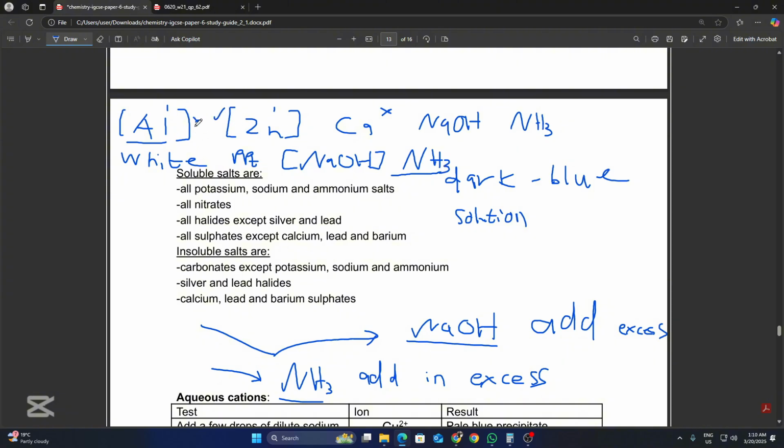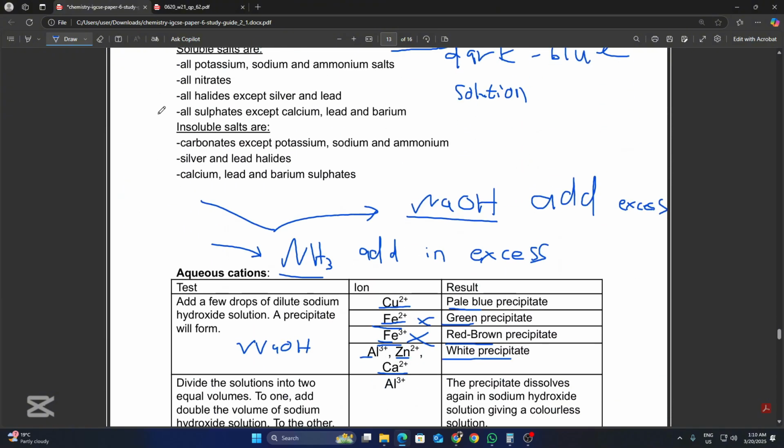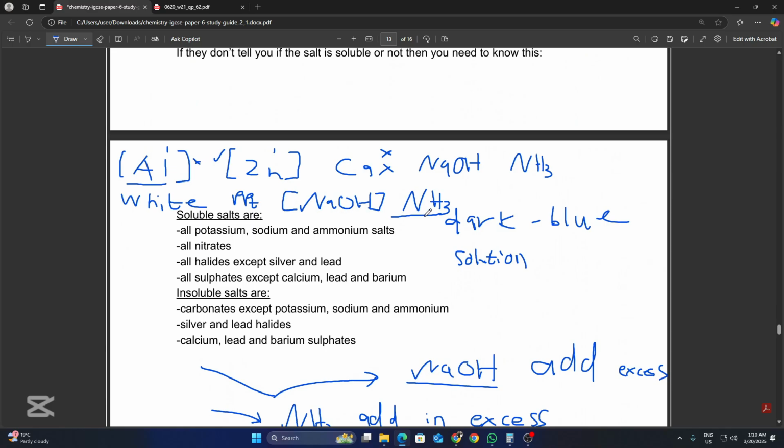Aluminum does not dissolve in excess ammonia, and calcium does not dissolve in excess ammonia. You have to mention that it dissolves to form a colorless solution. Again, these all form white precipitates, but when we add NaOH in excess, only aluminum and zinc dissolve, calcium does not, and when we add ammonia in excess, only zinc dissolves.